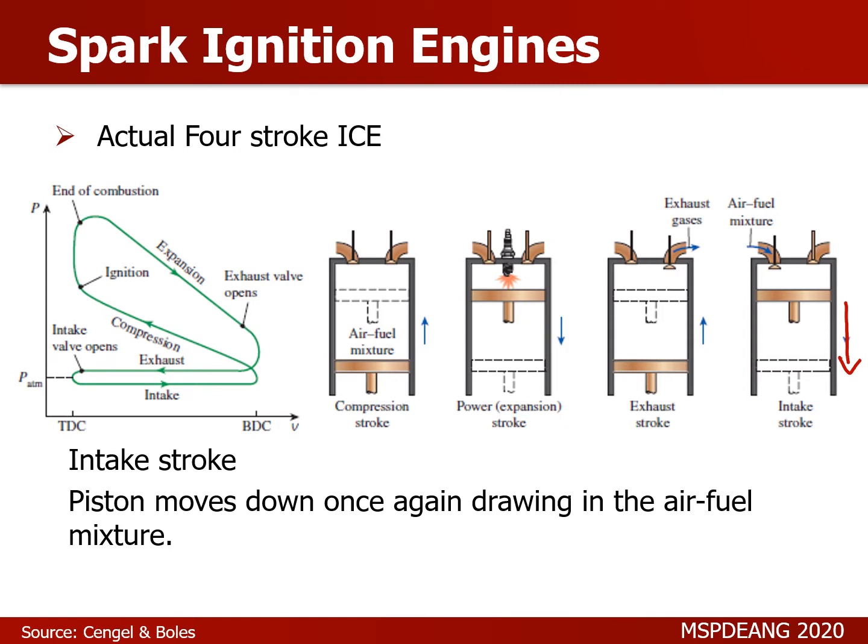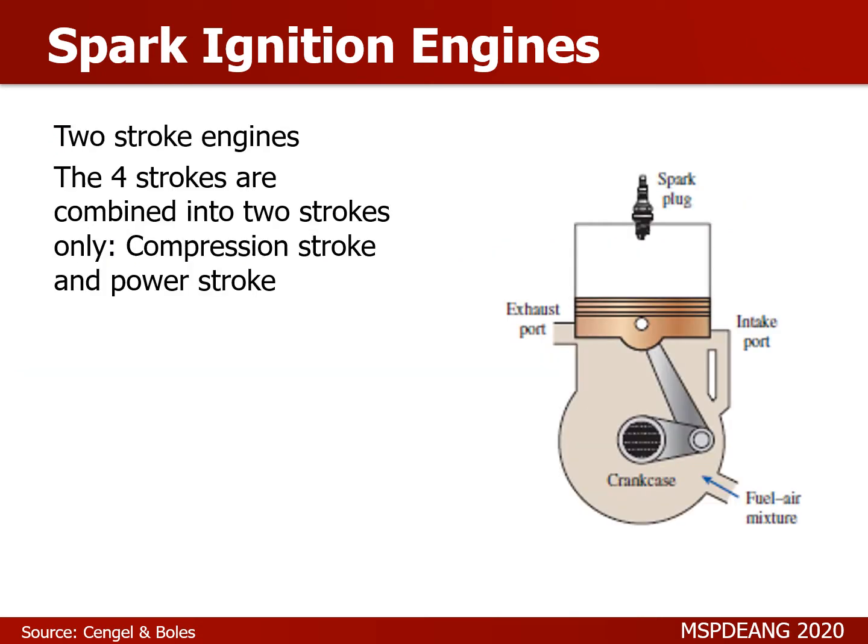And as you can see from here, we can simplify the process such that it is composed of the reciprocation of your piston between two fixed volumes only, the maximum volume and the minimum volume. Okay, so those four-stroke internal combustion engines are typically found in your larger engines, like those in our automobiles.